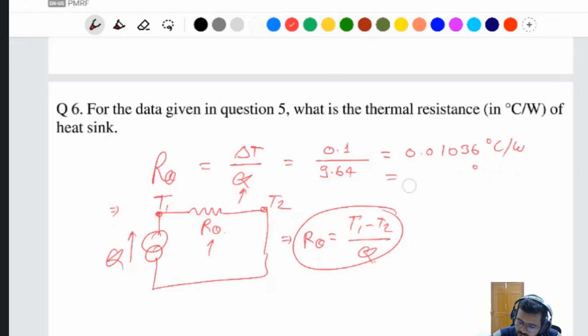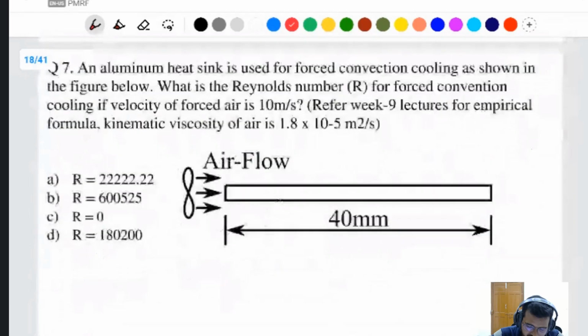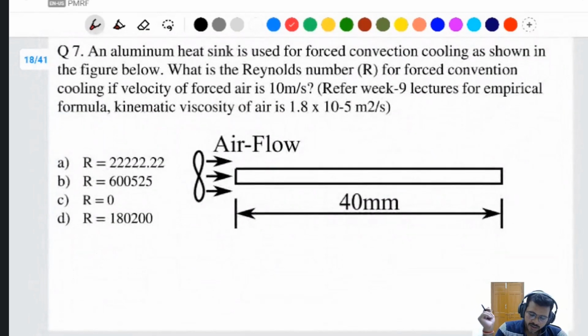I think this will make out. Leave this one. Next question is given as: an aluminum heat sink is used for forced convection cooling as shown in the figure below.